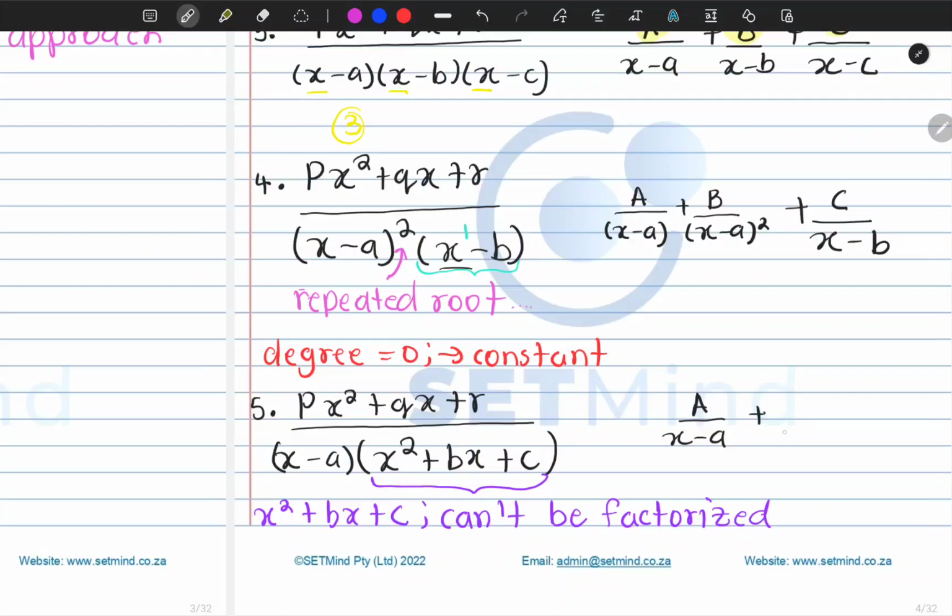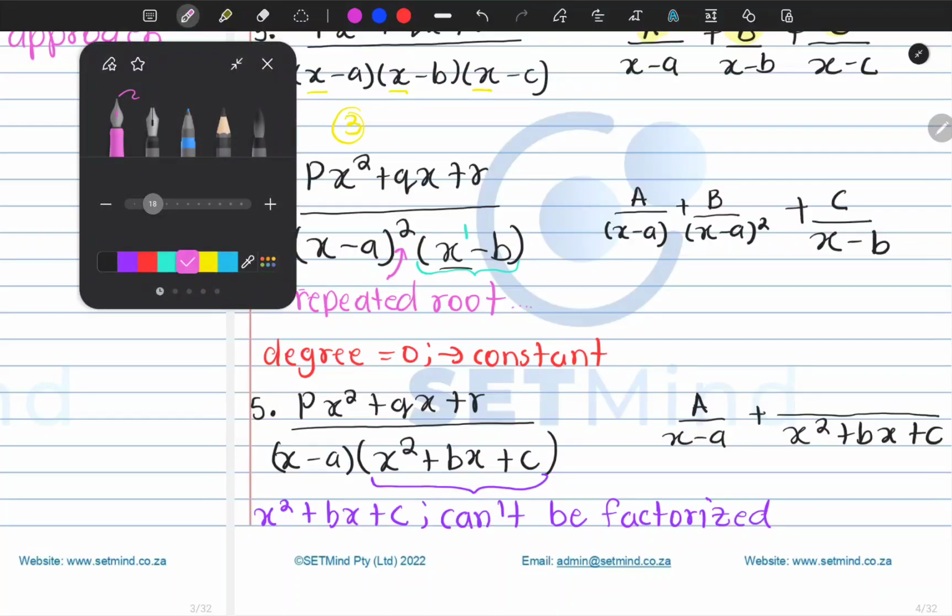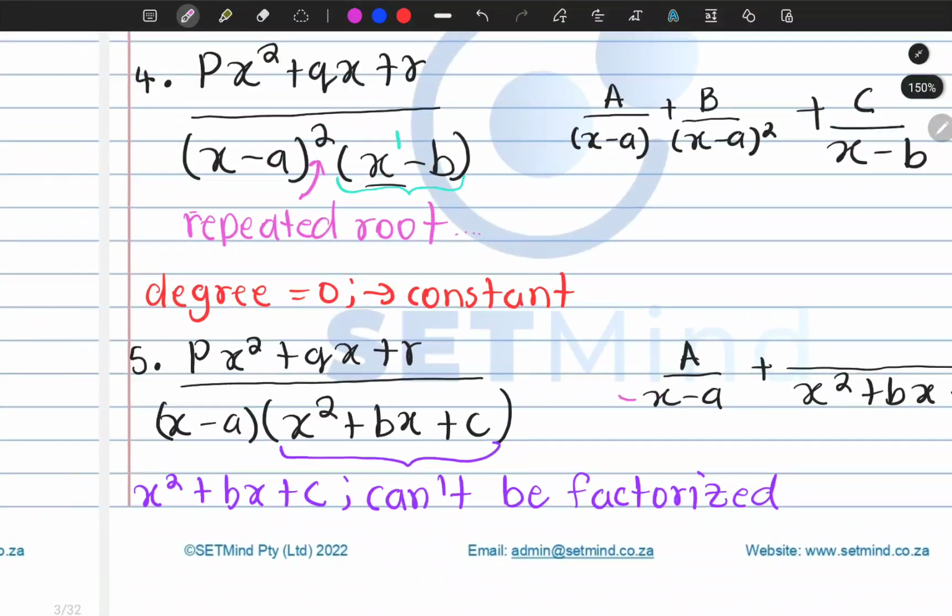And then now, because we have this here which can't be factorized, bx plus c, whenever we are dealing with such expressions, at the top you always put an exponent which is 1 degree less. So if you look at how we move from the denominator to the numerator, that is just 1 degree less. That is what happened. So in the denominator with a degree of 1, when you go up, that is a constant.